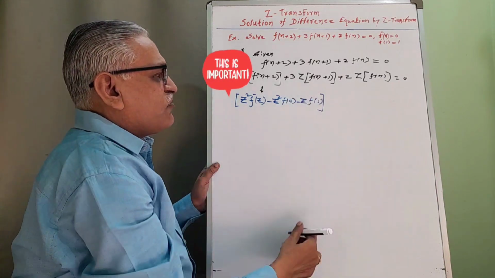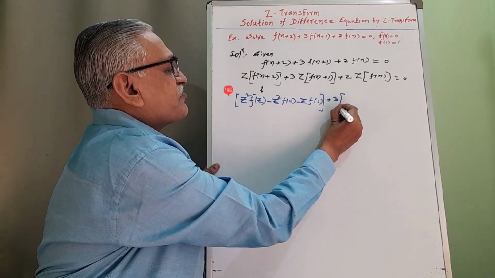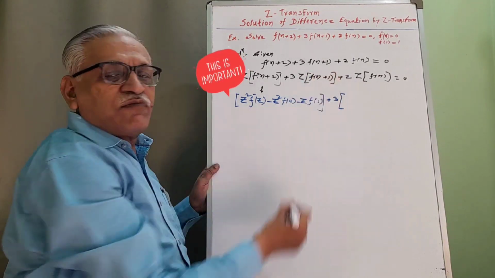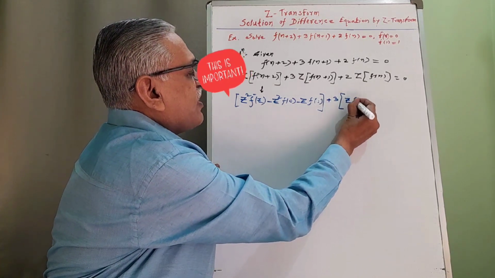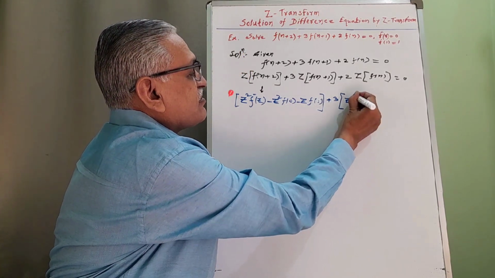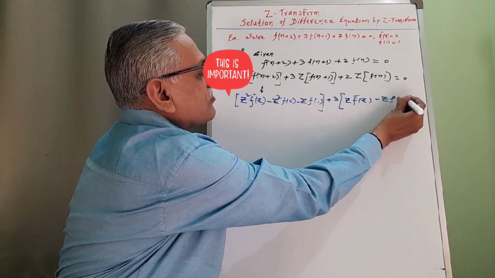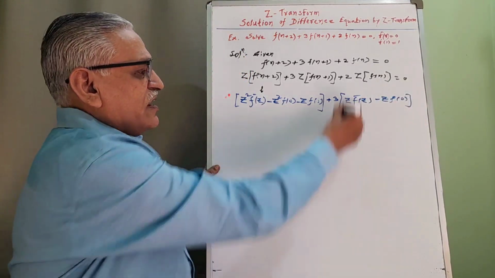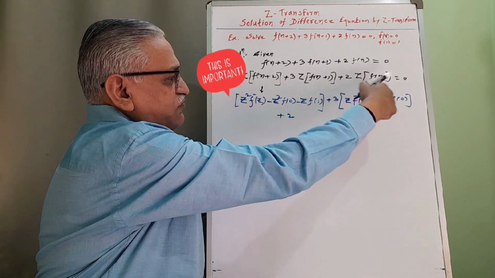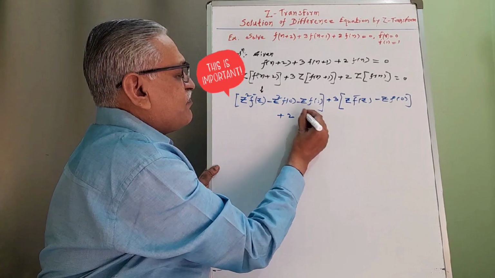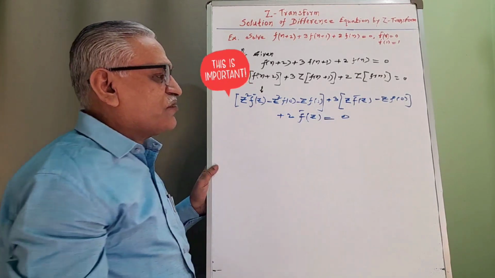Then Z transform of f of n plus 1, 3 times. Z transform of f of n plus 1 is z f bar of z minus z f of 0, and plus 2 times Z transform of f of n is f bar of z, and that is equals to 0.